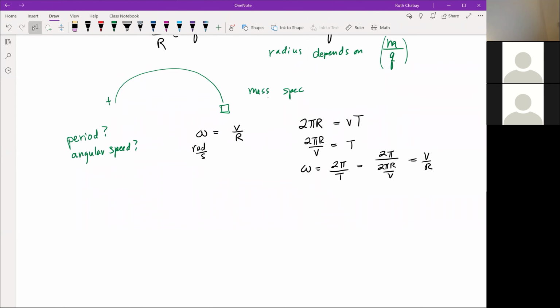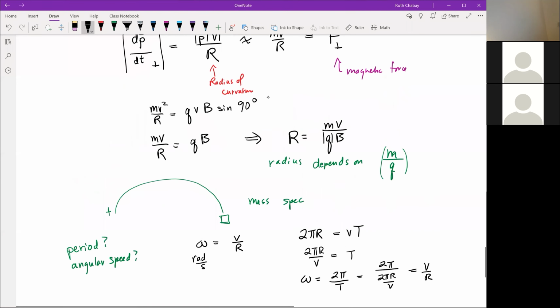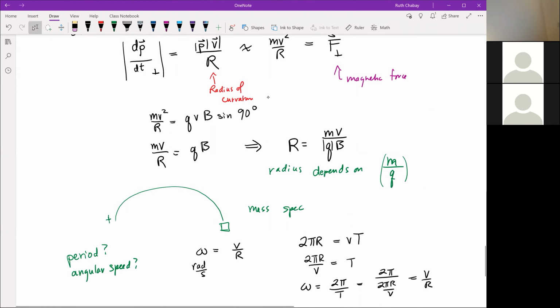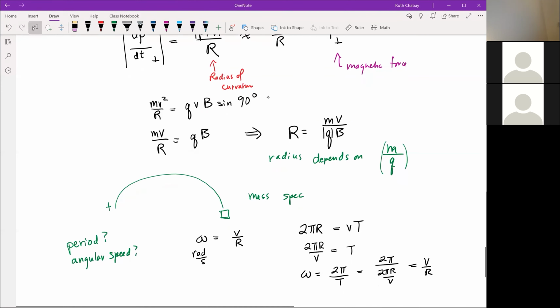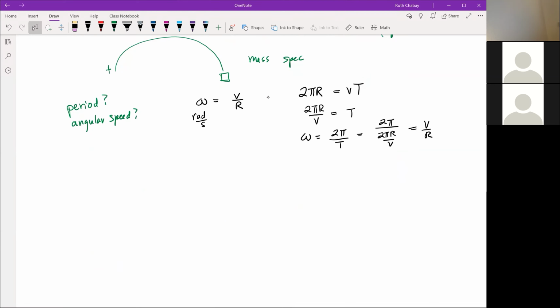So going back to our original derivation up here, we have dp/dt perpendicular equal to pv over r, and we can rewrite that as omega times the momentum.